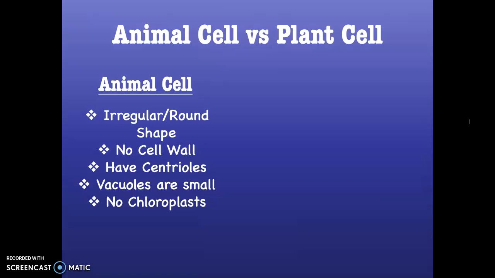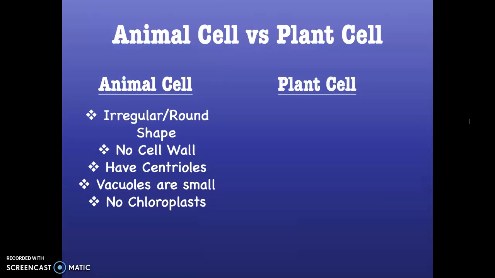You will learn these centrioles are very important to cell division. We'll talk about cell division much later in the year. Animal cells, if they have vacuoles, those vacuoles are generally very, very small in size. And finally, animal cells cannot carry out photosynthesis because they have no chloroplasts. So that is your animal cell.